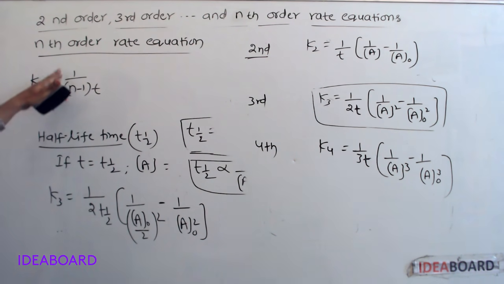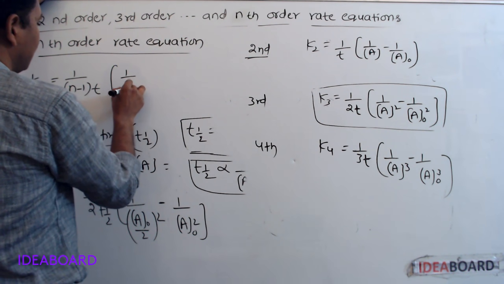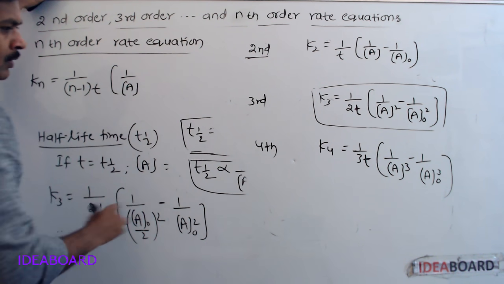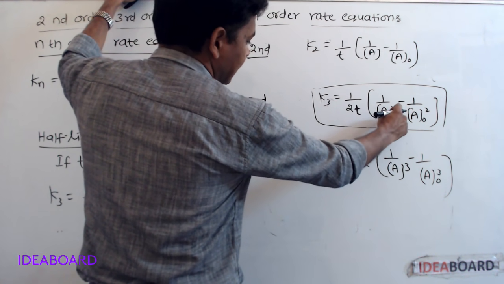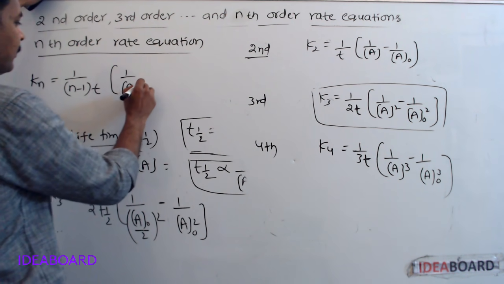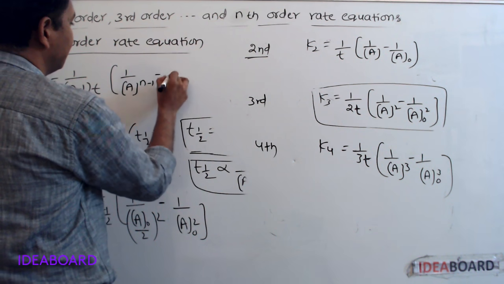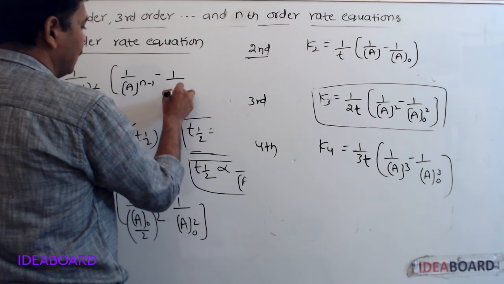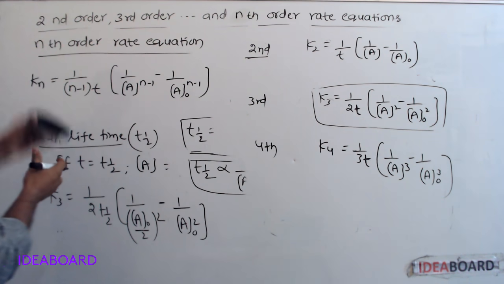Then for nth order, 1 by (n minus 1)t into 1 by A concentration. For third order square is there, for fourth order cube is there, for nth order power n minus 1.